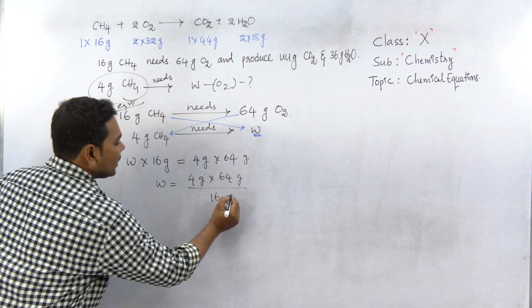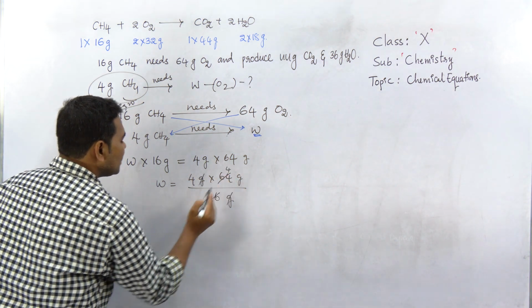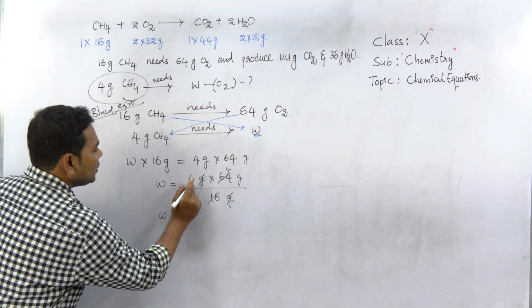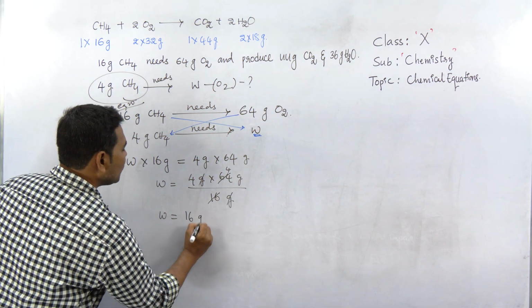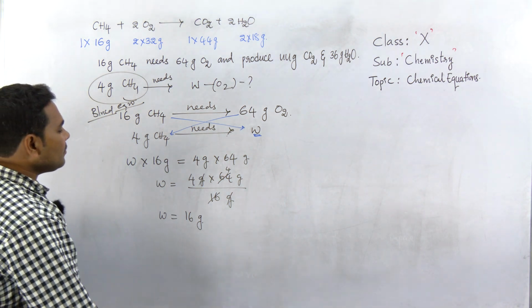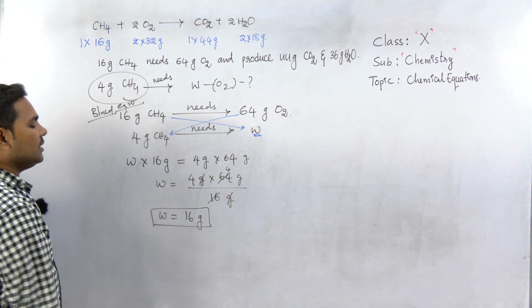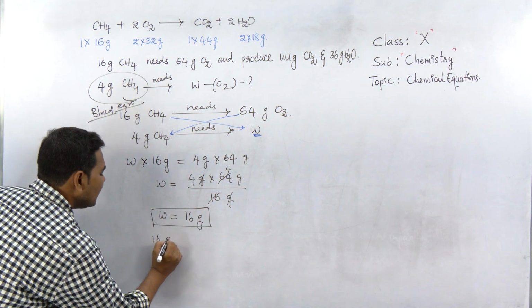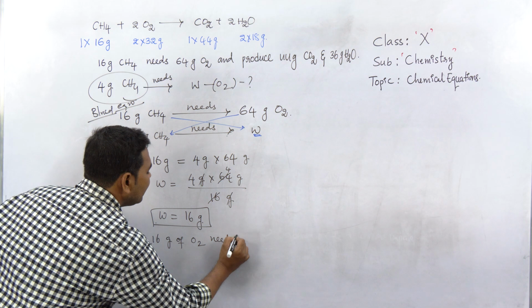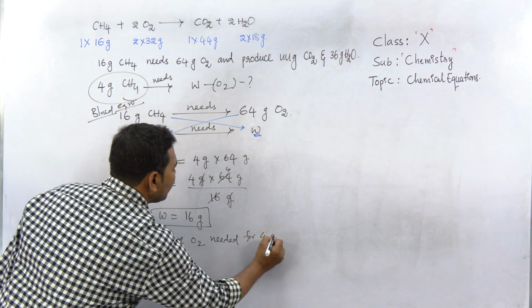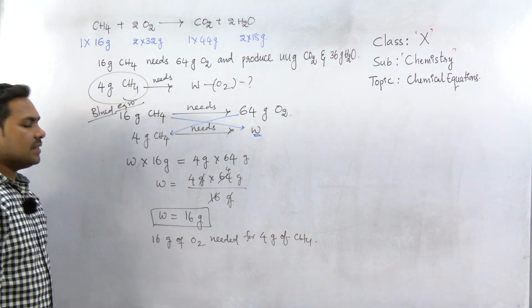Now gram gets cancelled. 16 ones are 16, 16 fours are 64. W is equal to 4 fours are 16, so 16 gram is the amount of oxygen required. So 16 grams of oxygen is needed for 4 grams of CH4 for complete combustion.